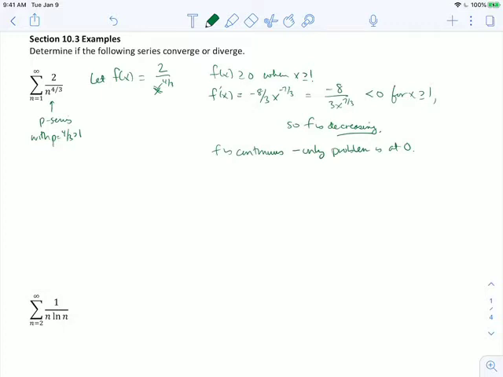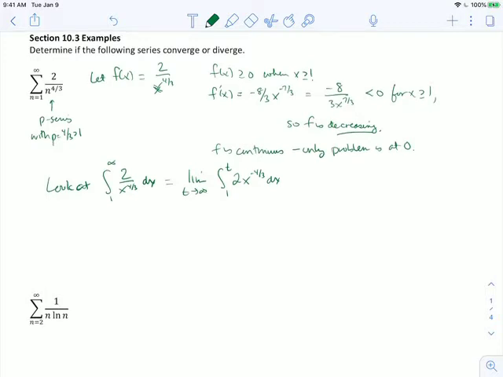So looks like our function passes the test, and so what we do then is we look at the integral from 1 to infinity 2 over x to the 4/3 dx, which I should write as the limit as t goes to infinity of the integral from 1 to t, and I'm going to go ahead and write this with a negative exponent to allow me to think about what the antiderivative is more quickly.